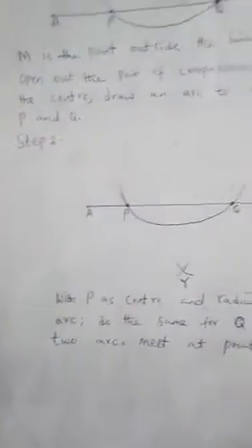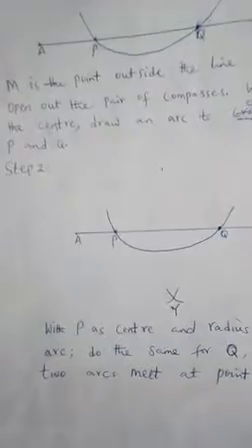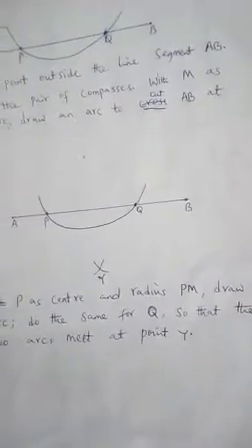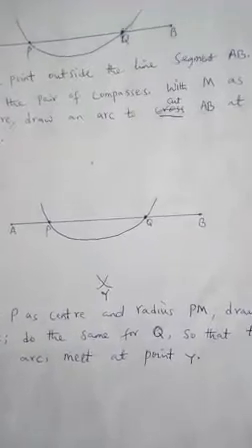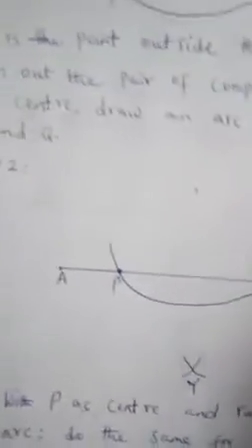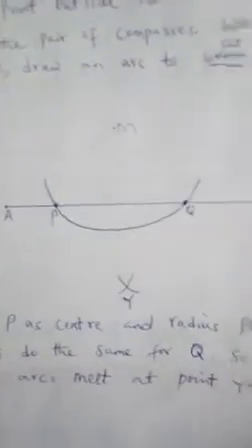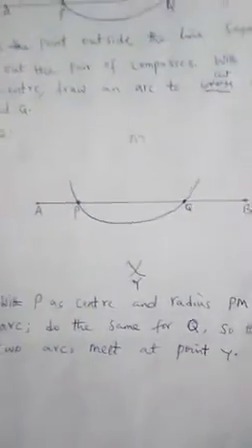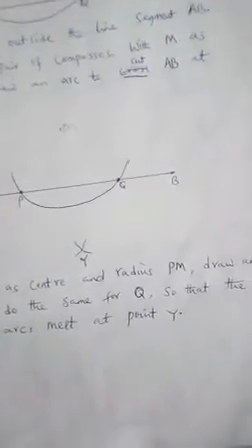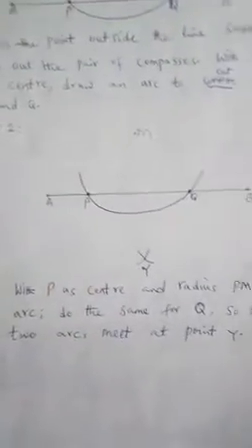Okay, then step 2, with P as center and radius PM, so your M is up here. This is your M. With P as center and radius PM, draw an arc.